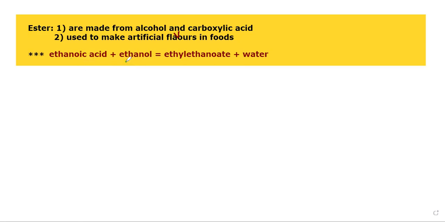So mixing alcohol and carboxylic acid, we get ethyl ethanoate, that is an ester, plus water. So in today's video, we are going to learn the naming of esters, conditions to make esters, and some diagrams regarding esters.